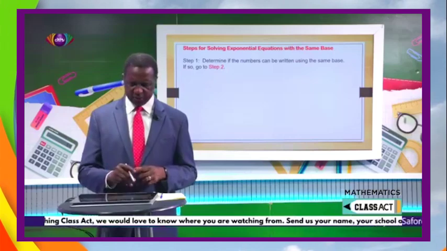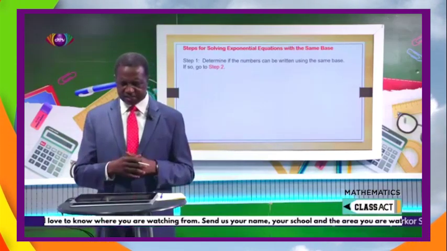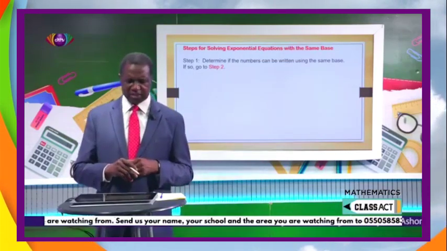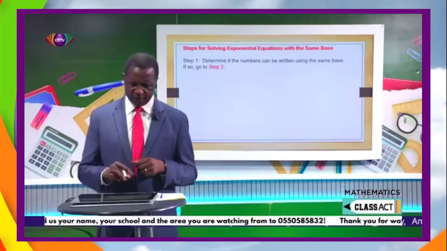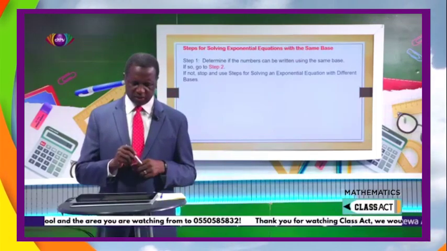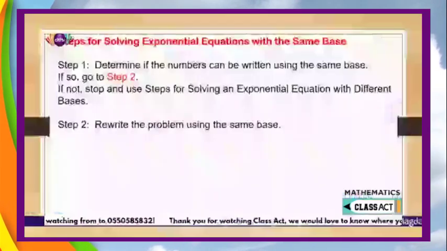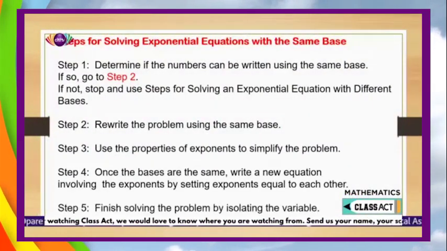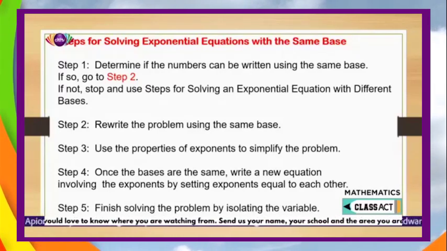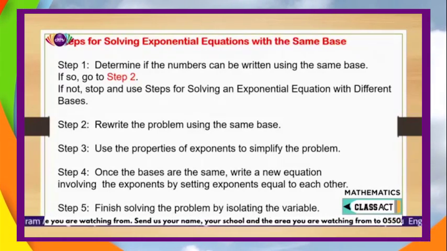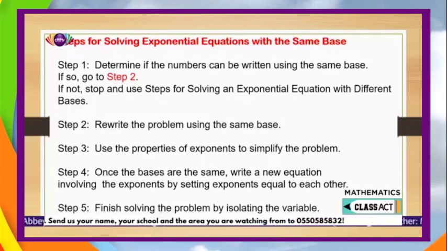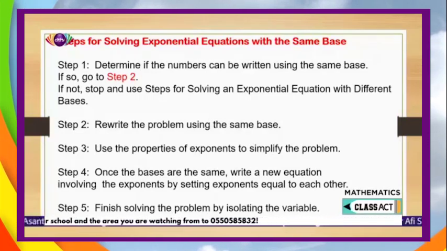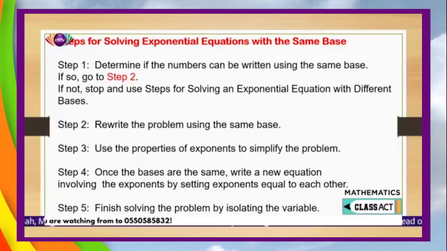Now, you have to determine that the numbers can be written using the same base. I think we've gone through this. So we've done the rewriting, and if you are taking notes, you can take your notes. Step 1: determine if the numbers can be written using the same base.